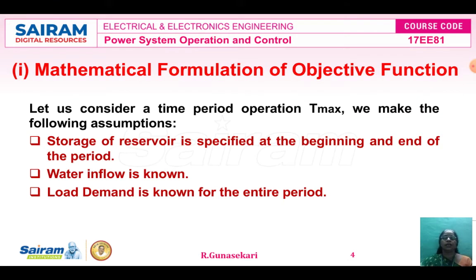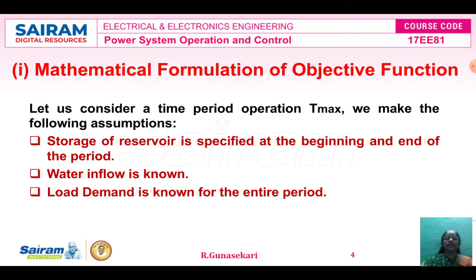First we study the mathematical formulation of the objective function. We consider the time period of operation, T maximum. What assumptions are made for the mathematical formulation? The first one is that the storage of the reservoir is specified at the beginning and end of the period.